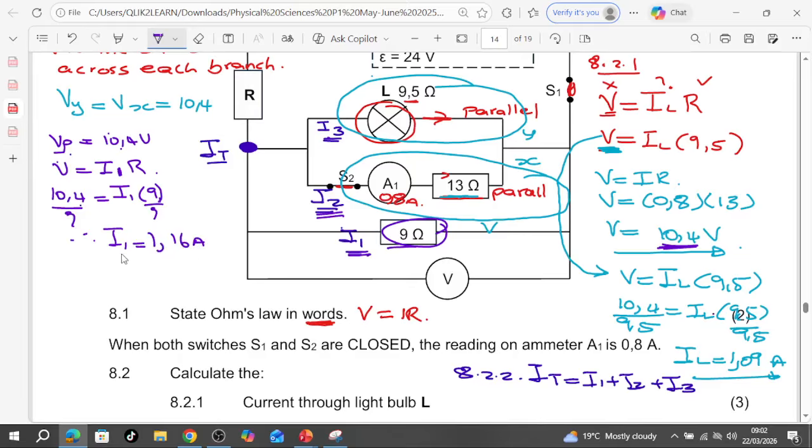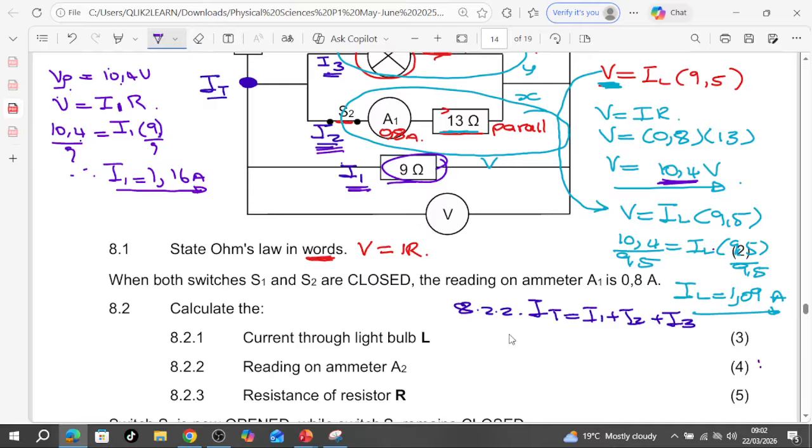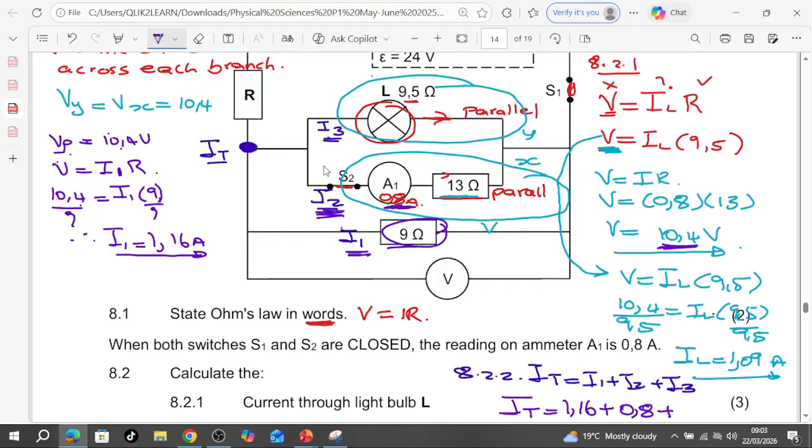1.16 amperes. So this is the first current, and then I'm going to substitute here and say my IT is equal to 1.16 plus I2, which is already given as 0.8 if you still remember. So I'm going to add this with 0.8. Then the current for I3.